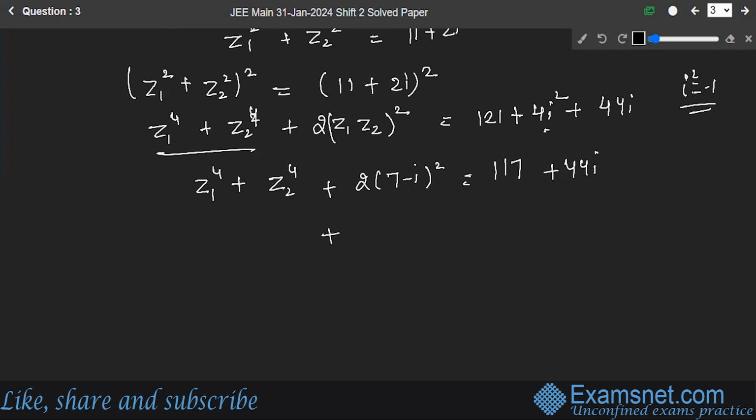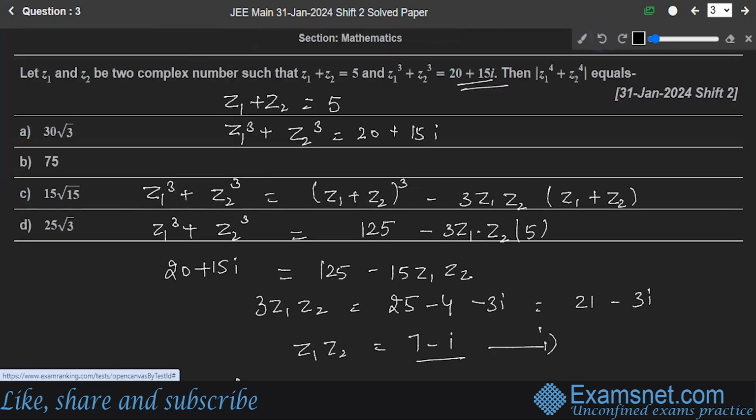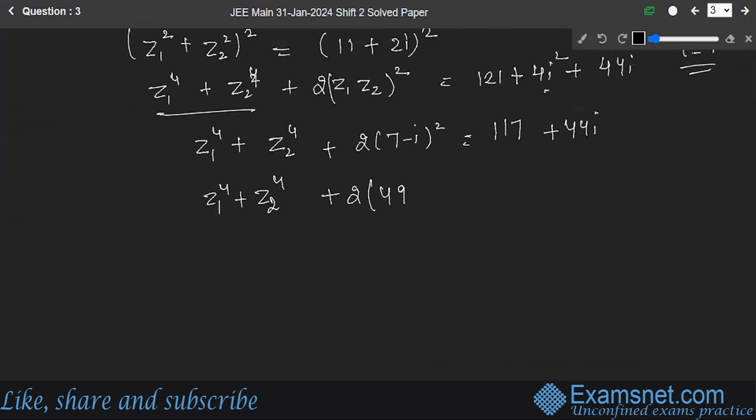This makes it Z1 power 4 plus Z2 power 4 equal to 2. Let's keep outside 49 minus 1. Remember, because iota square will give you minus 1. So this is minus 1 minus 14 iota, which is equal to 117 plus 44 iota. Or you have Z1 power 4 plus Z2 power 4 equal to 117 plus 44 iota.